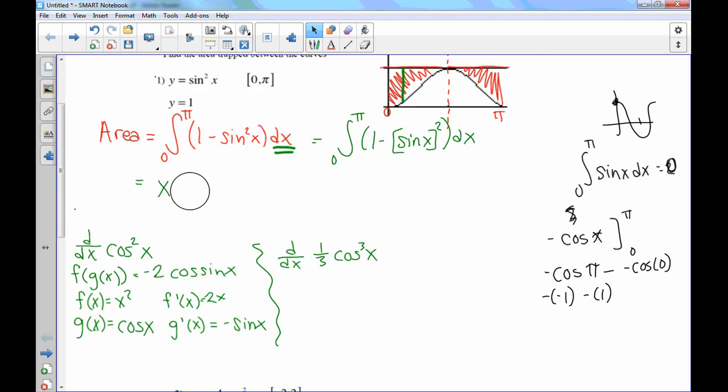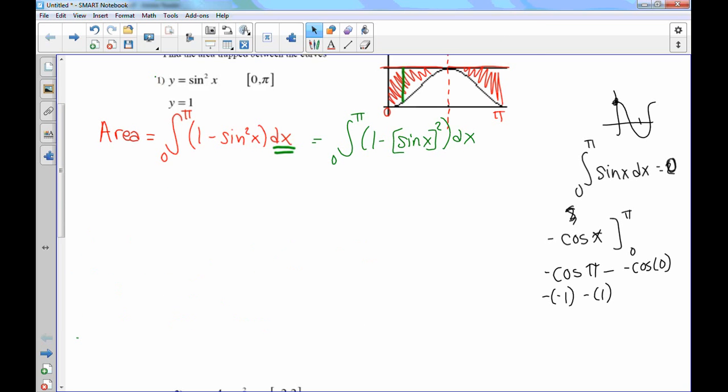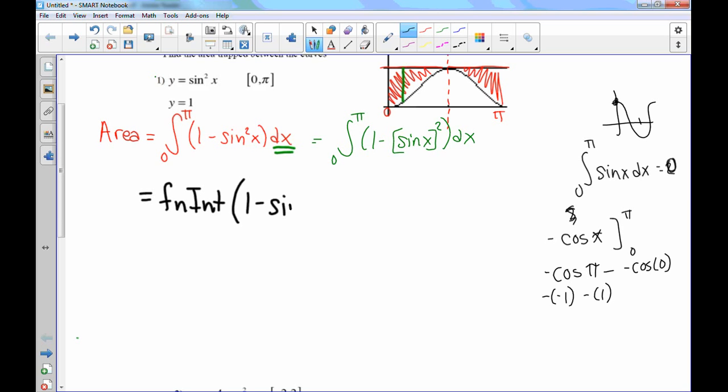This one, let's use our calculator and type it in. The rest are just polynomials. Math, number 9, right? fnInt. 1 minus sine squared x. If you have the old version, you have to put with respect to x, comma, 0 to pi.